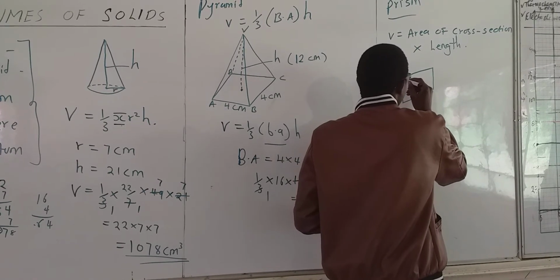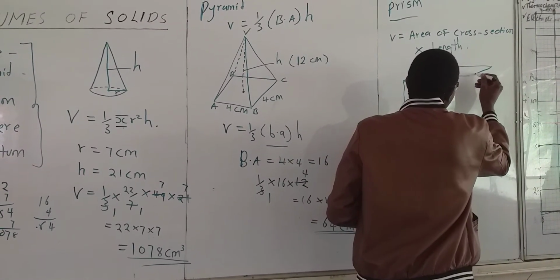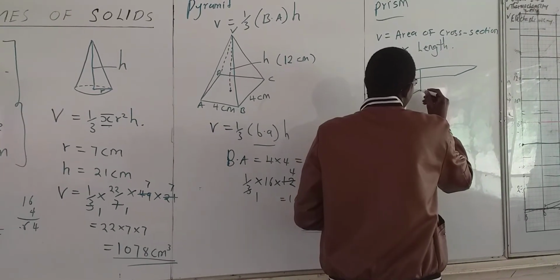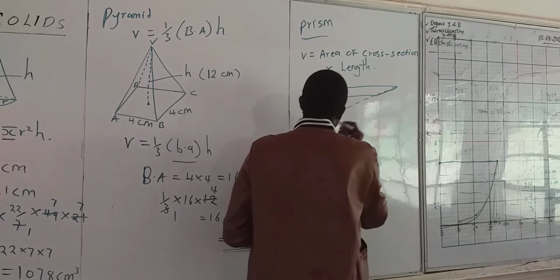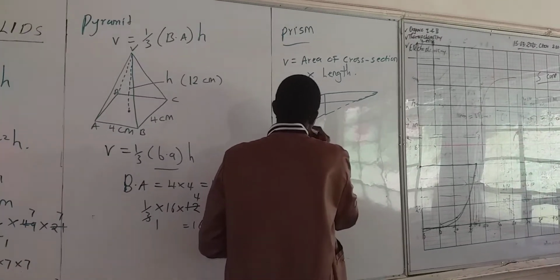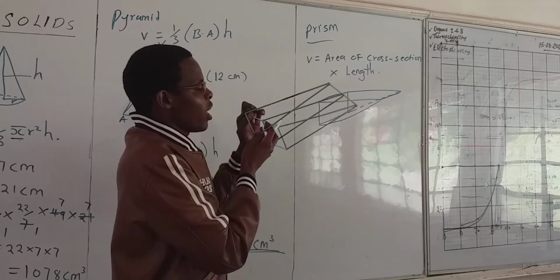Then we can have this one coming like this, then this one and this one. Now, I've just tried to draw what we have here.